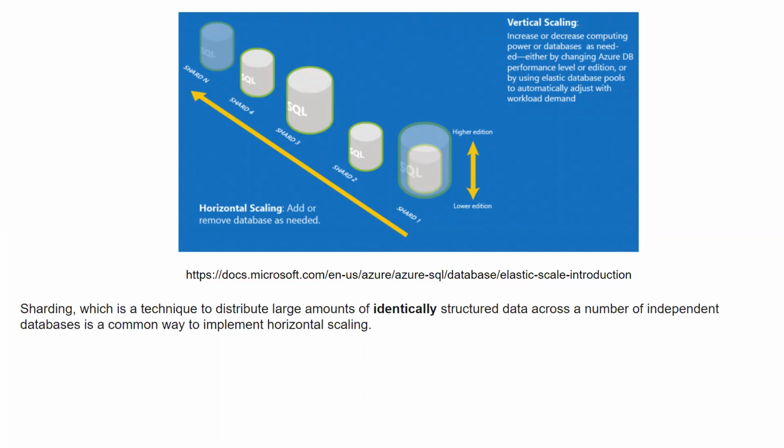Anyone else has any other things to add on to that? So if you see the link below the diagram, it says Azure SQL. So this is for a relational database. So for Azure SQL, if you want to scale vertically, you could upgrade the tier. So there are different levels of tiers.